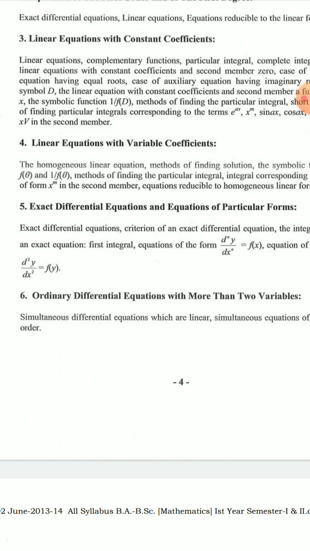There are general methods to find the particular integral. There are also some short methods to find the particular integral.